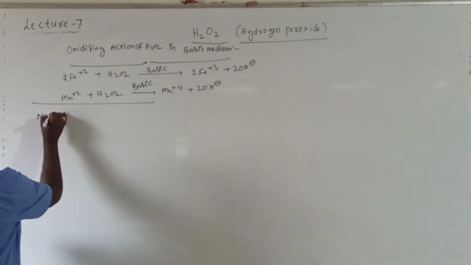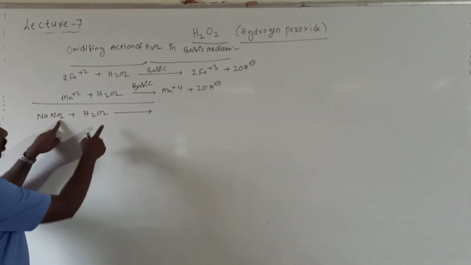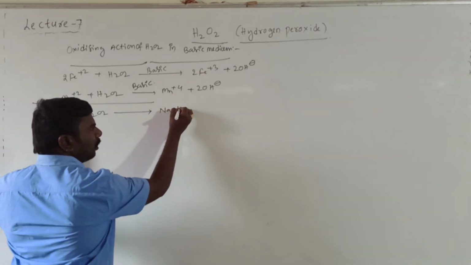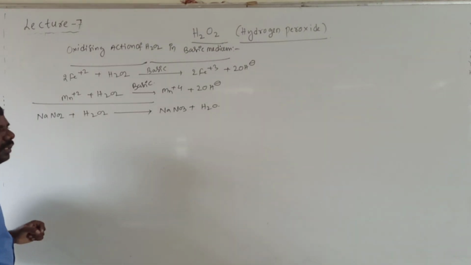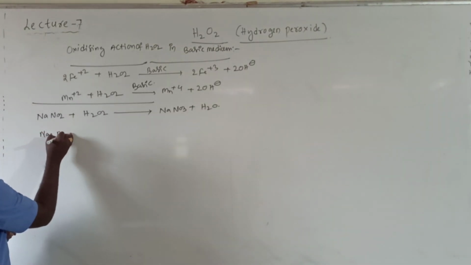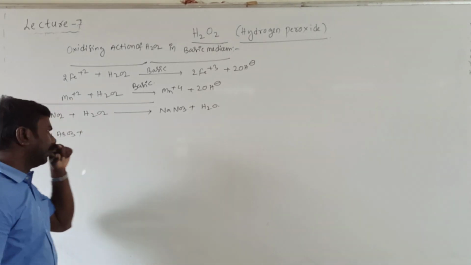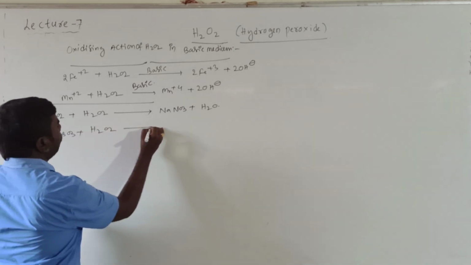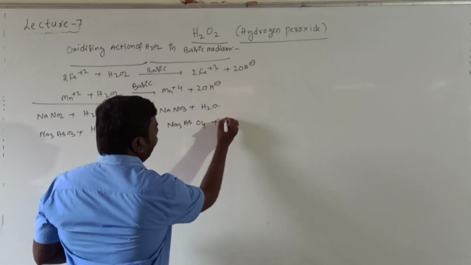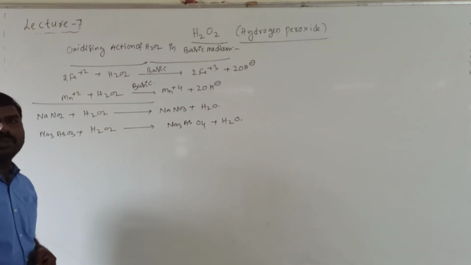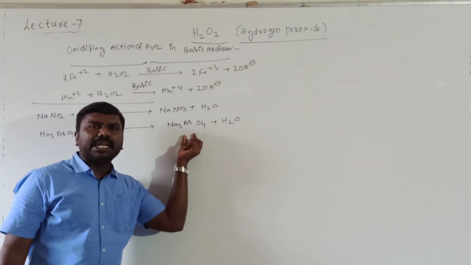First one, NaNO2 plus H2O2, then one oxygen is added here. NaNO2 is converted into NaNO3 plus H2O. Similarly, Na3AsO3 plus H2O2 gives rise to Na3AsO4, H2O2 converted into H2O. Sodium arsenite is converted into sodium arsenate.